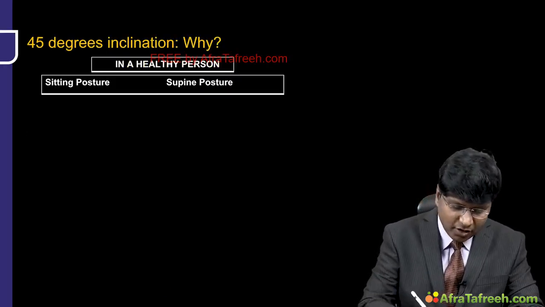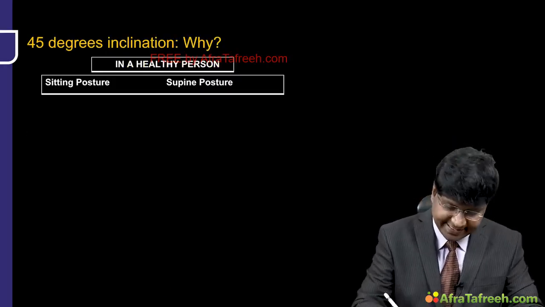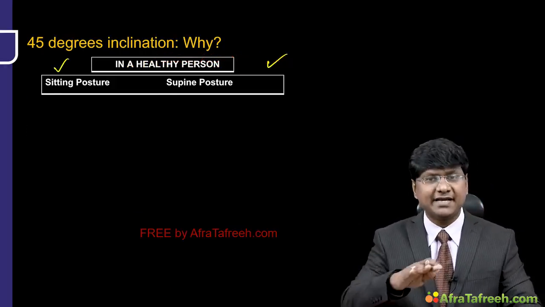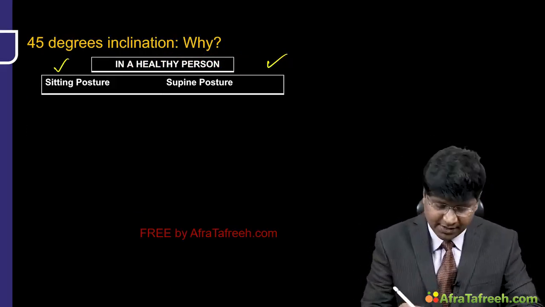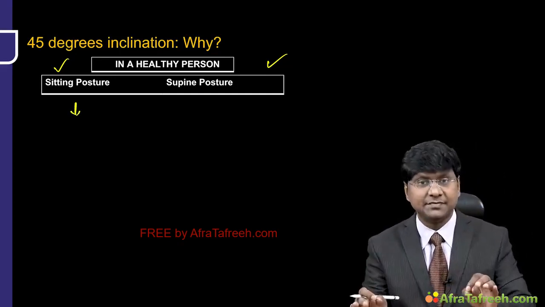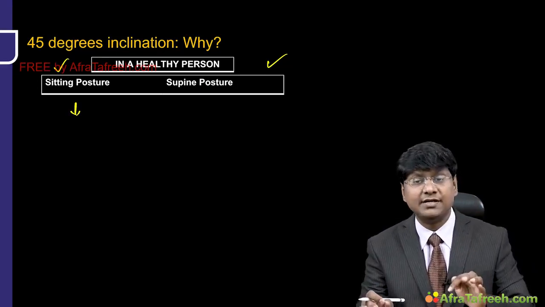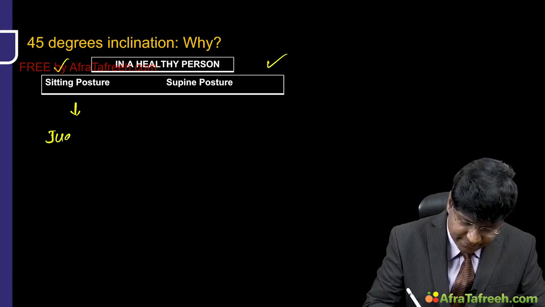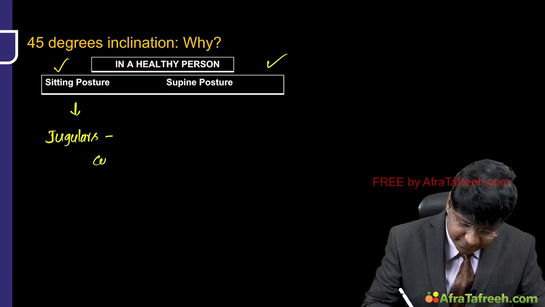Now, why do we make the individual lie down at 45 degrees? Why do we not examine the JVP in sitting posture? Or why not in completely supine posture? If you take a healthy person in sitting posture, the jugulars are collapsed.